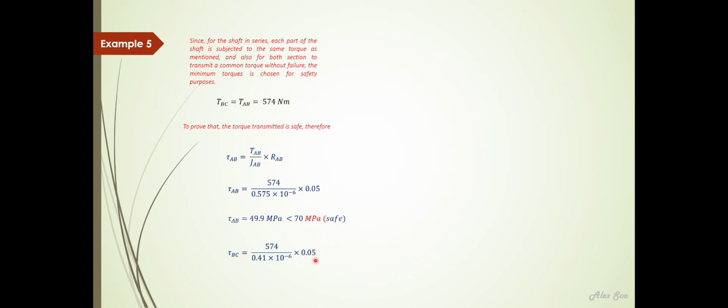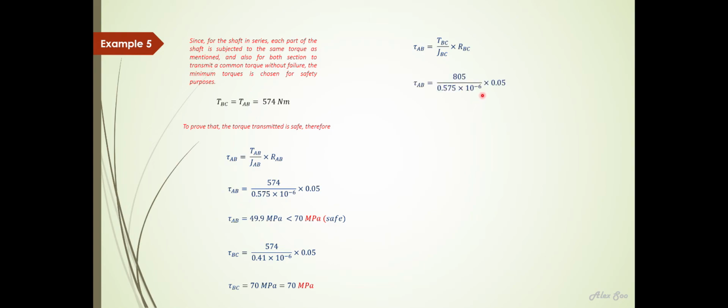Then proceed with section BC with the 574 common torque, recalculating the shear stress with a different polar moment of inertia. Then as you can see, section BC is actually taking up a shear stress of 70, which equals the 70 megapascal given by the question. So that means it is safe also.